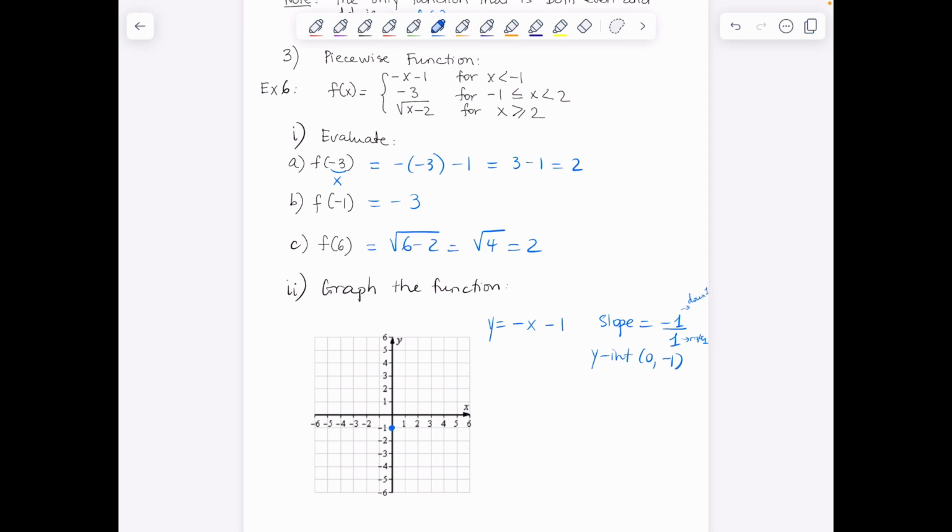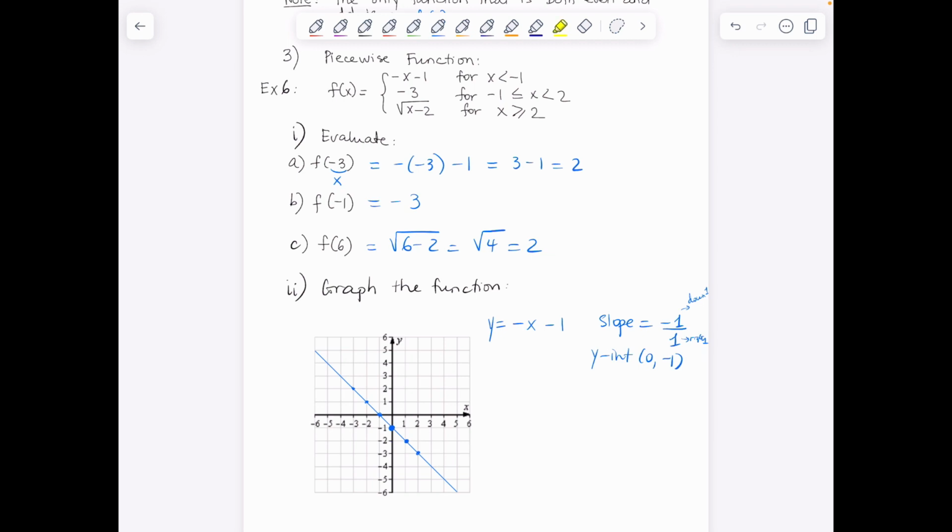Then we want to go down 1 and to the right 1. Or you could also go up 1 to the left 1. Now we connect these dots, and we should get the graph of -x minus 1.